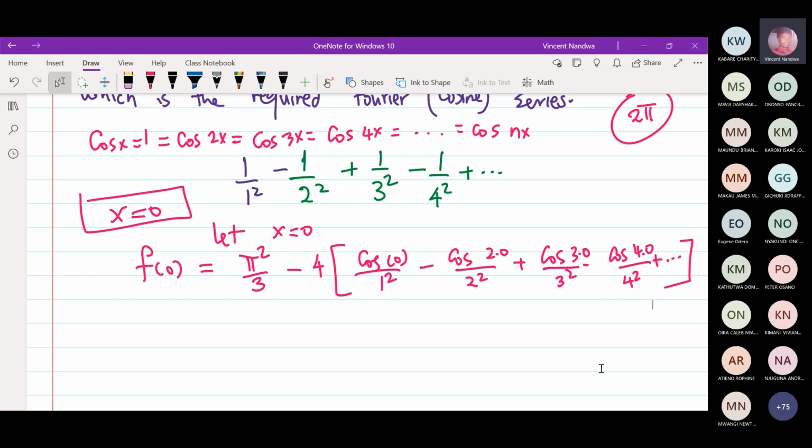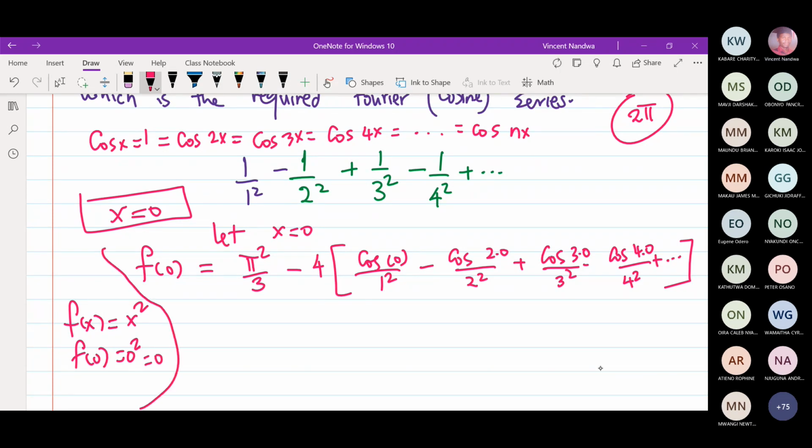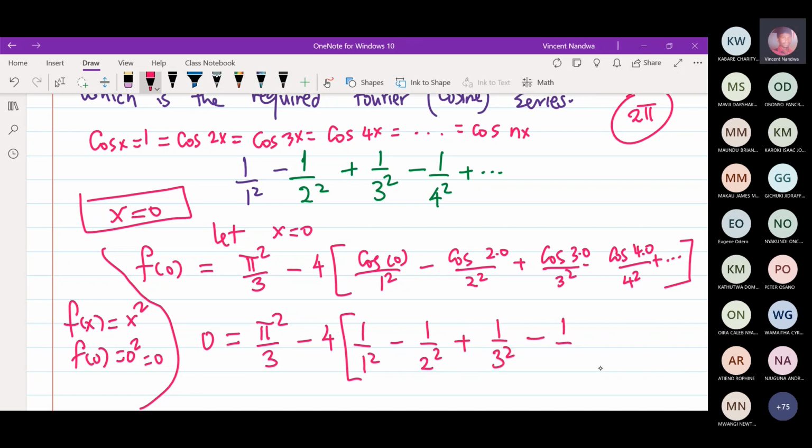F of 0 is 0 because remember, f of x was defined as x squared, so we square 0, which is 0. So we have 0 equals pi squared over 3 minus 4 times 1 over 1 squared minus 1 over 2 squared plus 1 over 3 squared minus 1 over 4 squared plus other several terms.